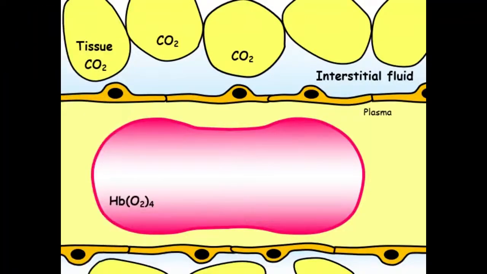The second type of transport is as bicarbonate ions in the plasma. The carbon dioxide from the tissue diffuses into the red blood cells, and the same process that occurs in the plasma happens. The carbon dioxide combines with the water in the red blood cells to form carbonic acid.